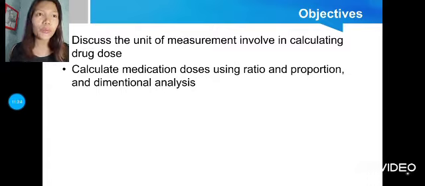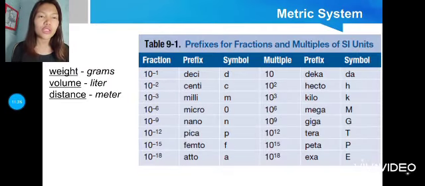Okay, so let's begin. We know that units of measurement are divided into two. We have your metric system and your English system. Your metric system is composed of the universal units that we are using, and we are using prefixes. As seen in the table, we have different prefixes and their equivalents.